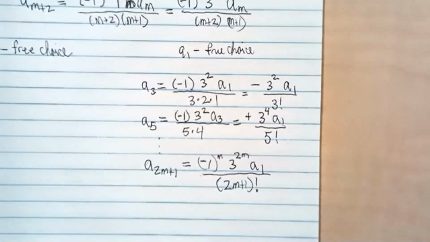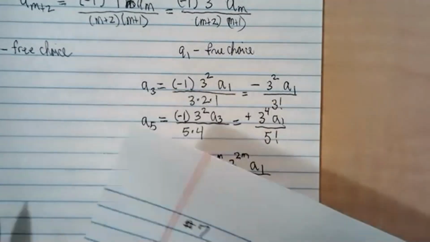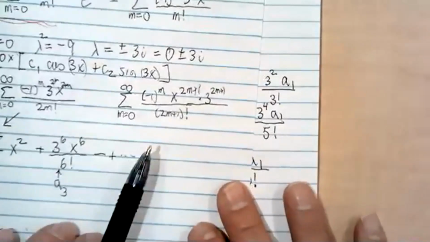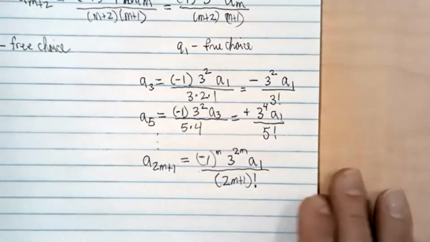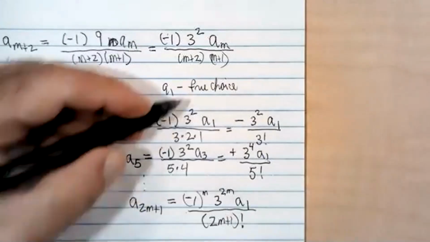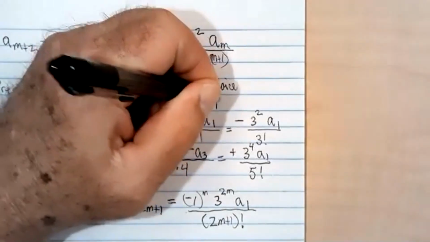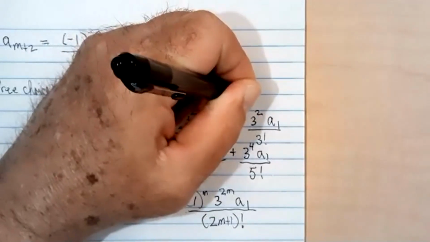If you were to chase this out, you would generate this pattern right here, which is not quite what we were hoping to see. Did I write that down? Yes, I did. What I was really hoping was to find a 3 to the 2m plus 1. Well, I can get it. What I can do is say, well, after all, A1 is a free choice. So I choose it to be 3 times a constant.